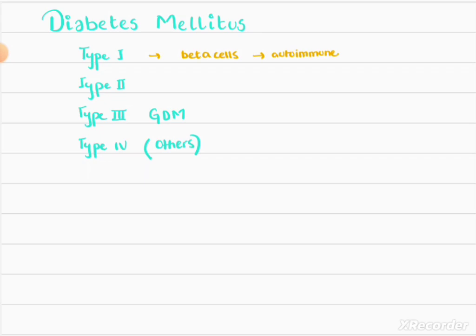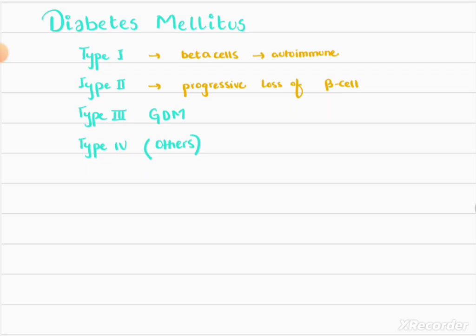Type 2 diabetes is due to a progressive loss of beta cell activity. These are the patients who are usually on oral hypoglycemics during the initial phases of their disease, and later they may require insulin as well.